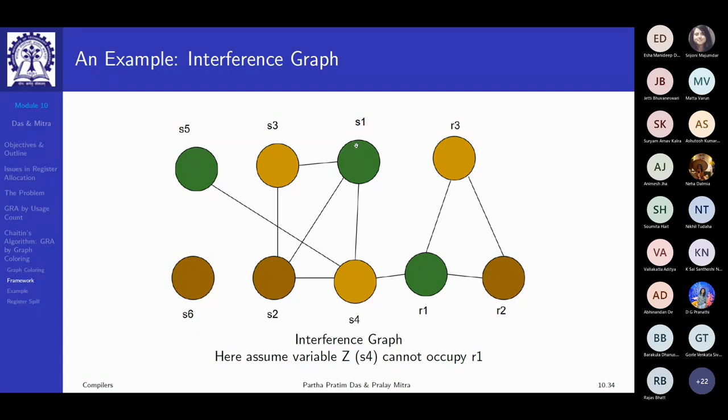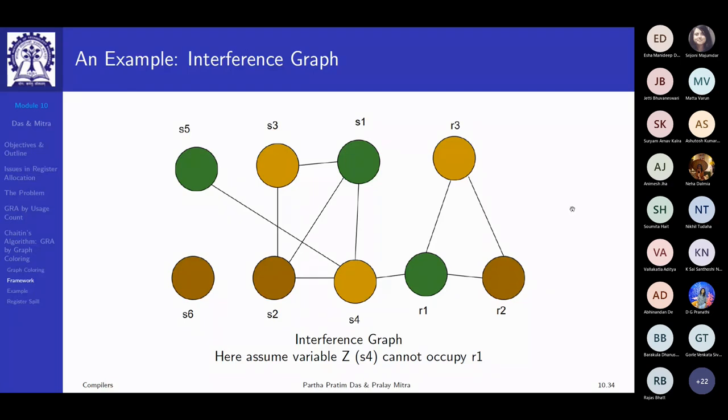So I have the interference graph of the symbolic registers. There's the interference graph of the registers that we are going to use, R1, R2, R3, obviously. Each one of them interferes with the other 2. And I add a link between S4 and R1.